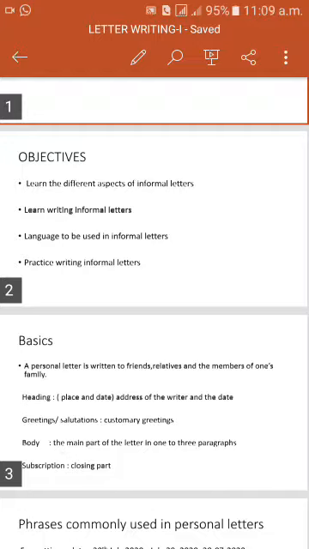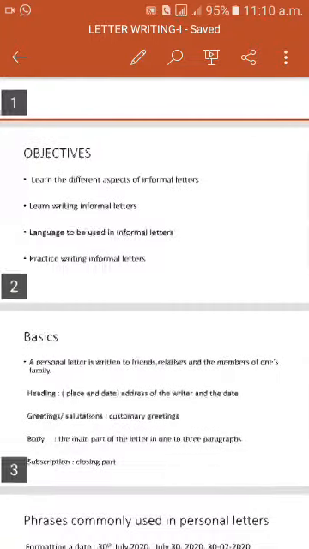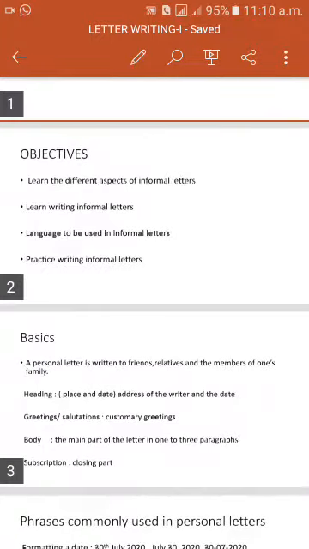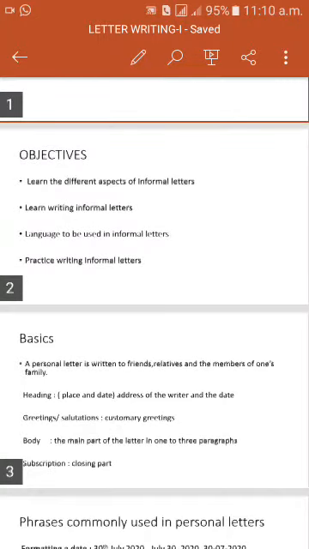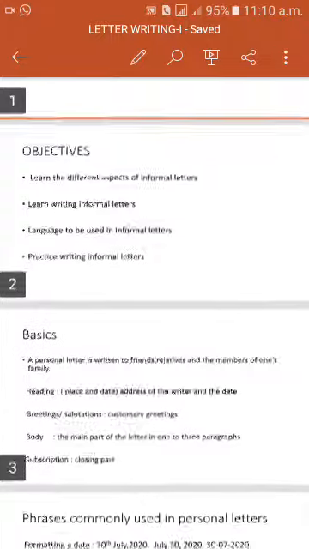So these are the main differences between writing formal and informal letters, besides the difference of format. In this lecture we are going to discuss writing informal letters or personal letters. Let us see the objectives.